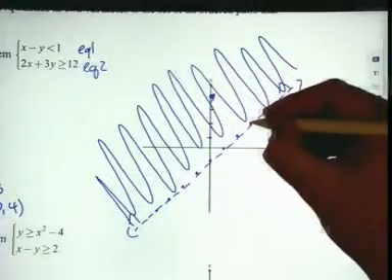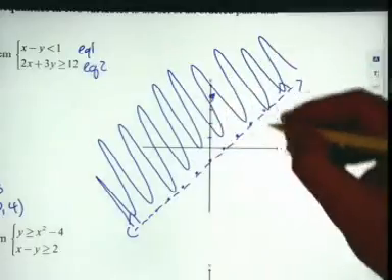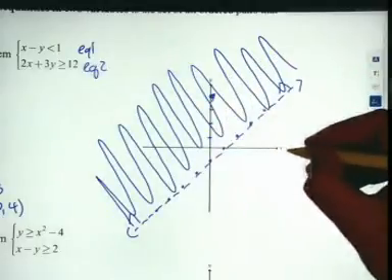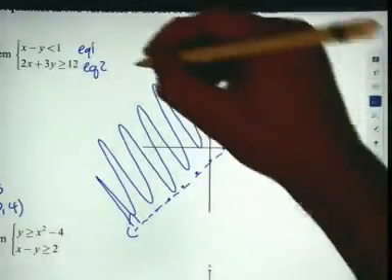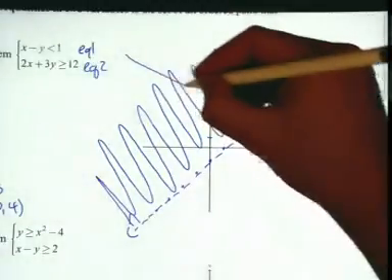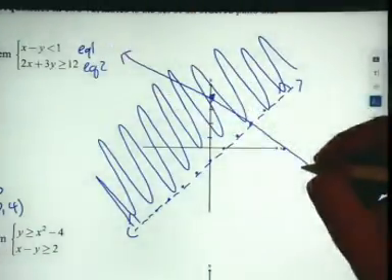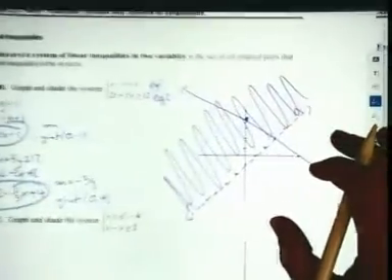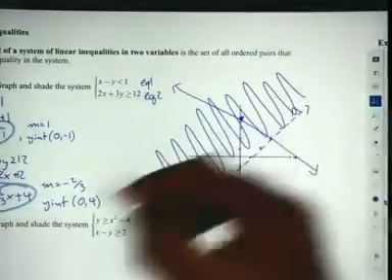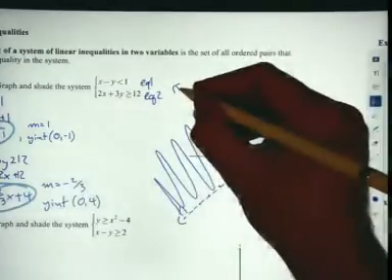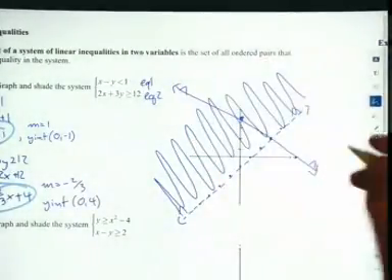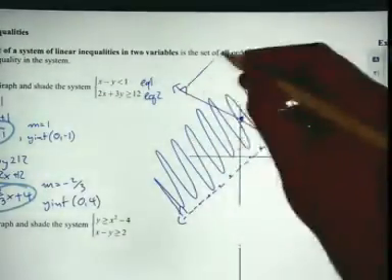So down 2 over 3, down 2 over 3. We're going to use a solid line to graph that line. And this is greater than, so we're going to shade this area.